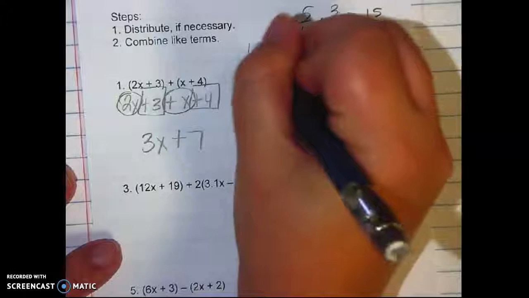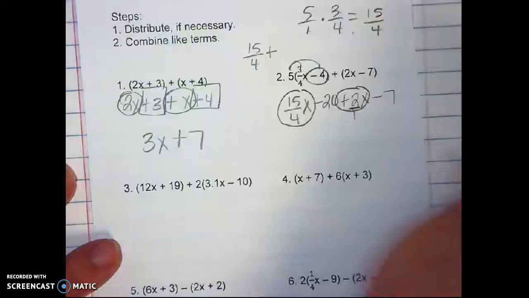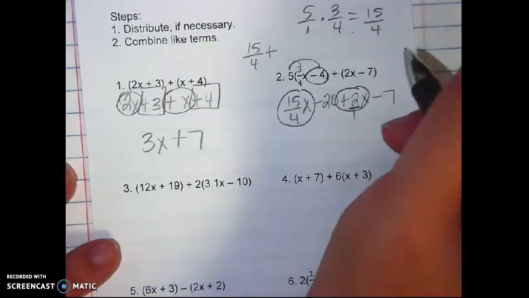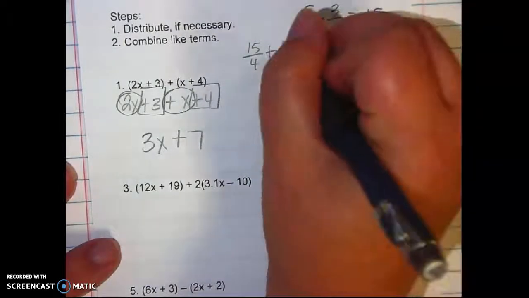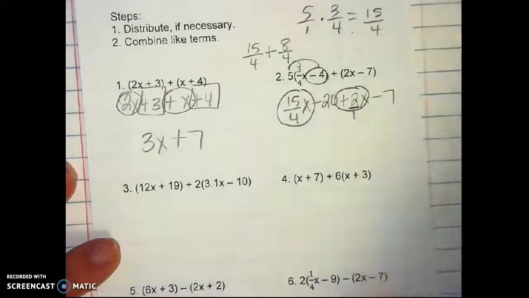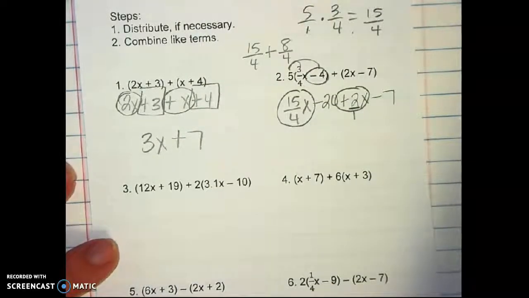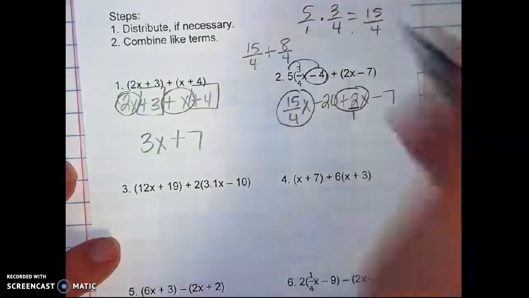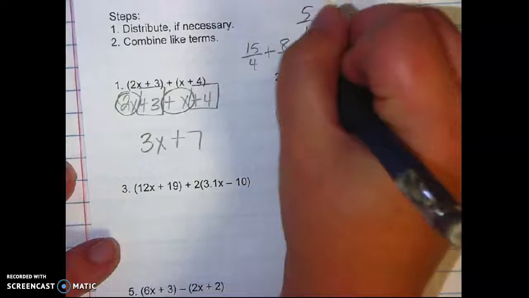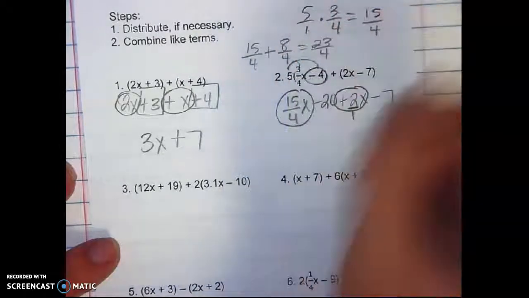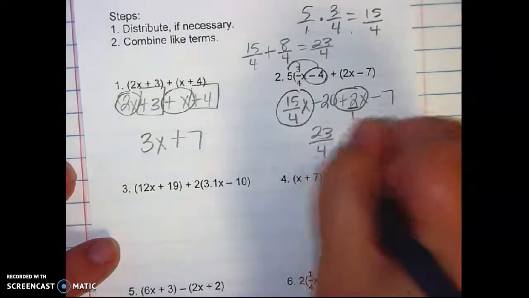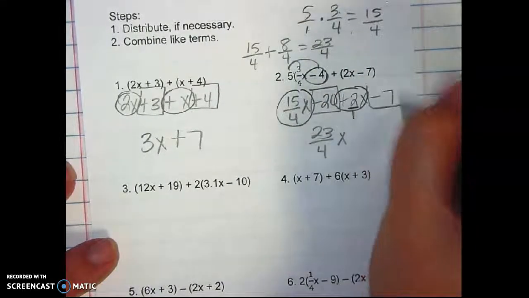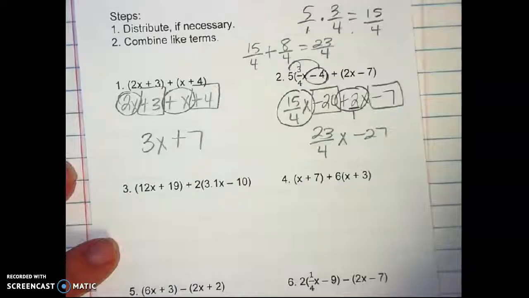So 15 over 4 plus 2 over 1. 2 over 1 with a denominator of 4 becomes 8 over 4, because I have to multiply the top and the bottom by 4. 15 plus 8 is 23 over 4. Keep your variable. Negative 20 plus negative 7 is negative 27.